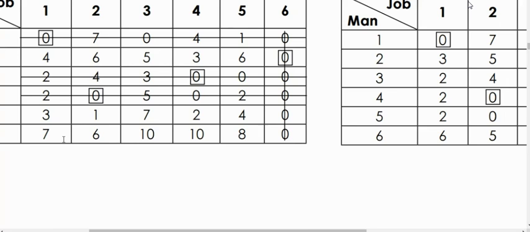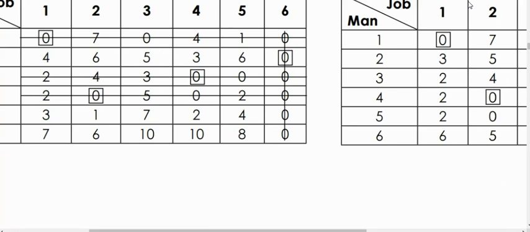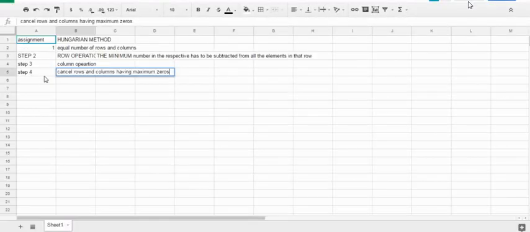So guys, what does it mean, again start from step 1? See, what was step 5? Step 5 was assign jobs in rows and columns having zeros. Having clear zeros.